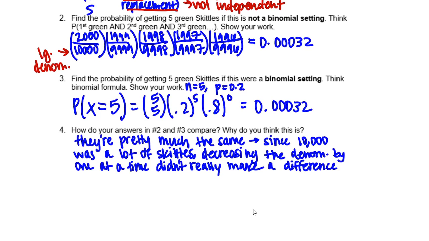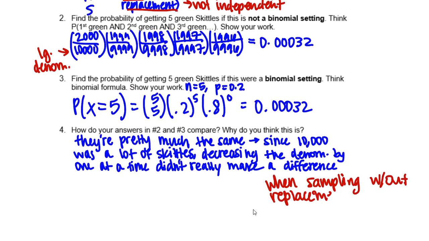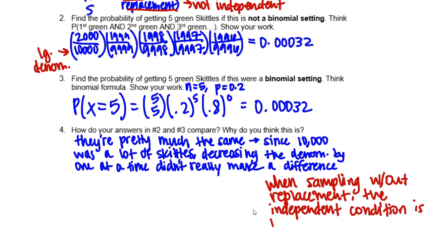And so we can say when sampling without replacement, the independent condition is met when our sample size is less than 10% of the population size.